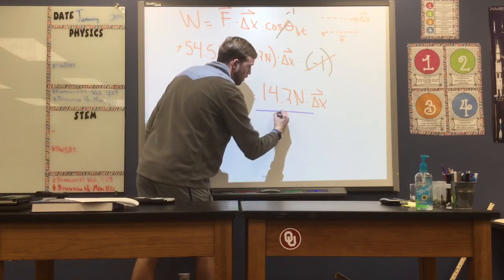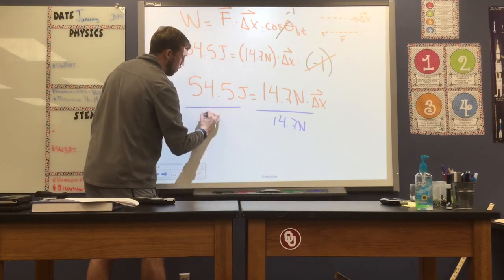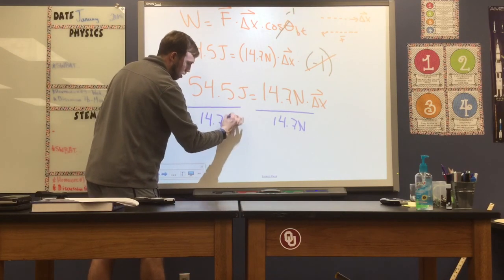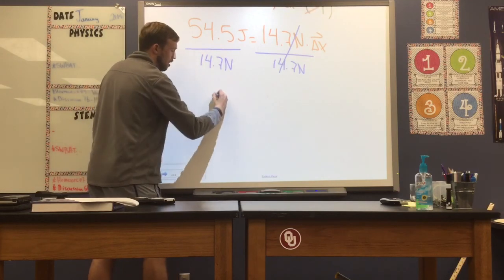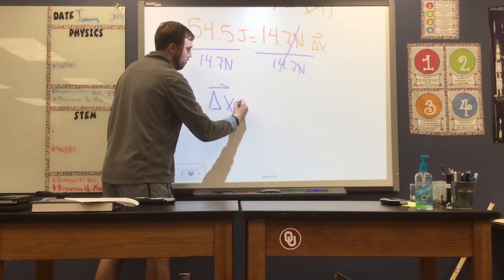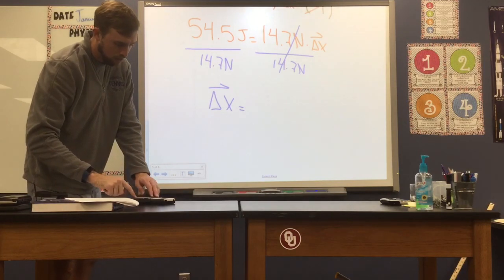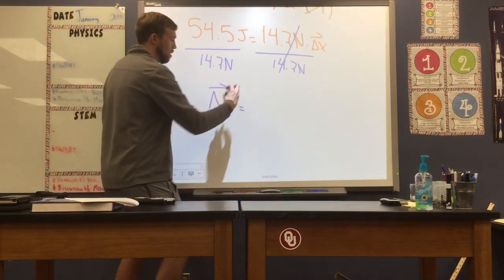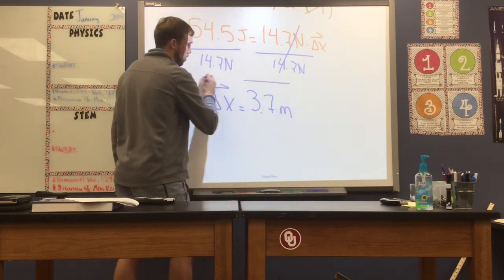So I'll divide by 14.7 newtons on both sides of our equation. 14.7 will cancel out on the right-hand side, and we'll be left with a delta x value, a displacement, of 54.5 divided by 14.7, and that gives us a value of about 3.7 meters.